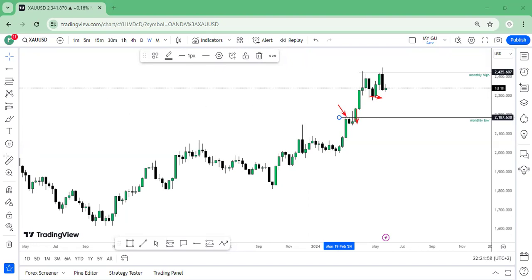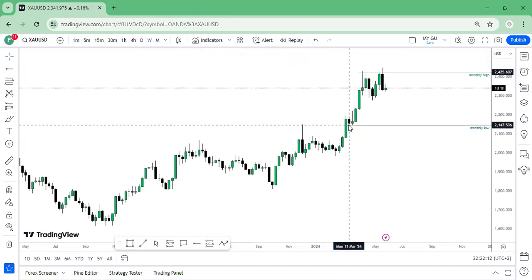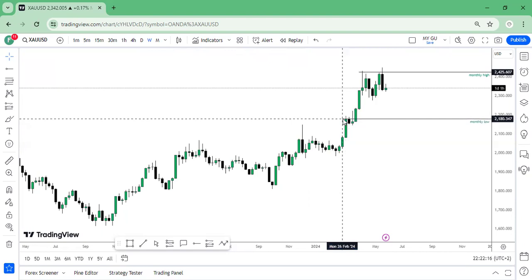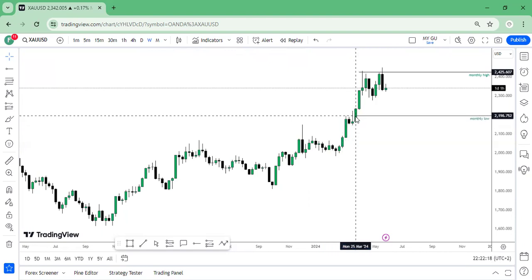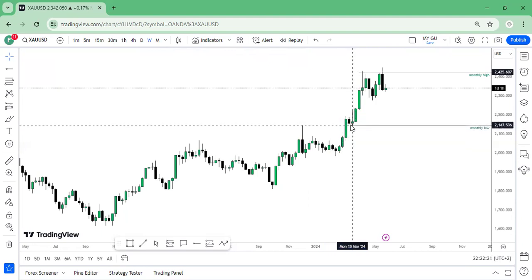So instead of putting your zone there, where would you put your zone? You would put your zone below this low, because before this low was created, we had this high, and then this candlestick overshadowed that high and created this low.